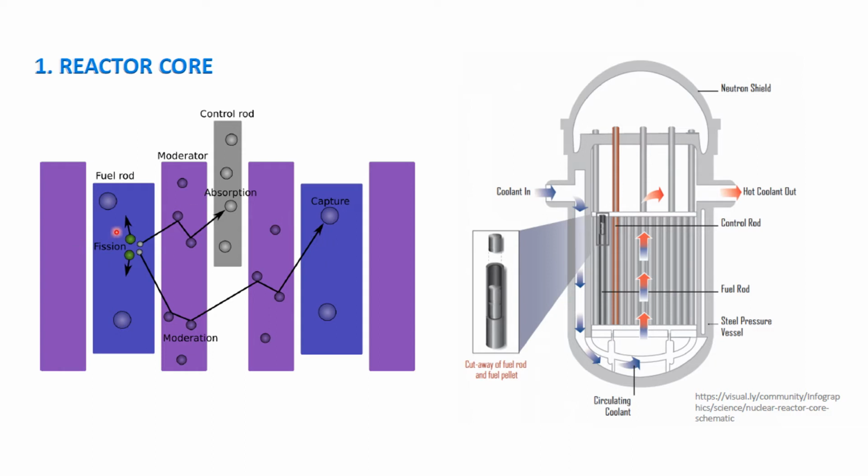Inside your fuel rod, your fission reaction takes place, and then it is moderated so that the neutrons that were released in the previous fission can be absorbed by other nuclei in other fuel rods. And you have here your control rods, which you can move up or down, and this controls the reaction inside your reactor core. We're going to discuss more about your control rods in the next slides.